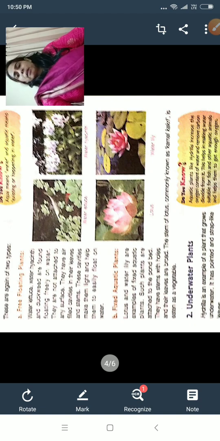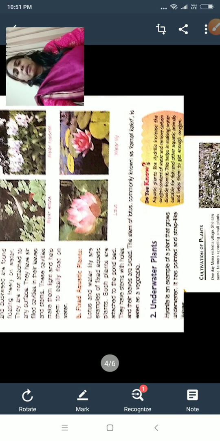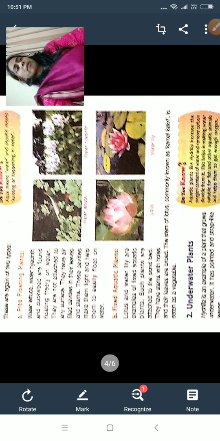Now this is all about the floating aquatic plants: number one the free floating plants, and second the fixed aquatic plants. Now move to the second category of aquatic plants, the underwater plant. As the name says, these are the plants that grow underwater.